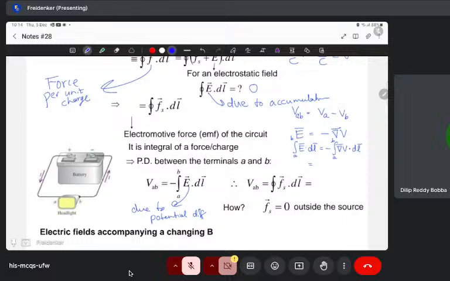So if I apply it, I will get negative of VB minus VA. This is VA minus VB. So this is VAB.